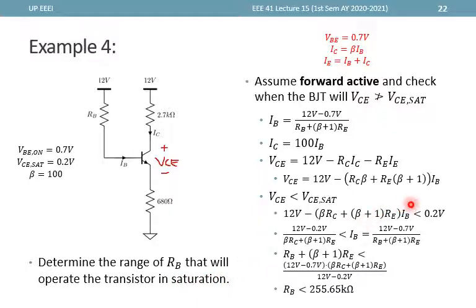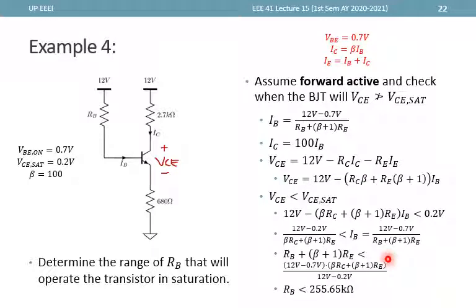Substituting IB with this expression right here and moving terms, we move this 0.2 here, so 12 minus 0.2. We move this whole term to the other side, and this becomes positive. To isolate IB, we divide by this whole term. So we have 12 minus 0.2 over beta RC plus beta plus 1 RE is less than IB. However, IB is equal to this expression right here.